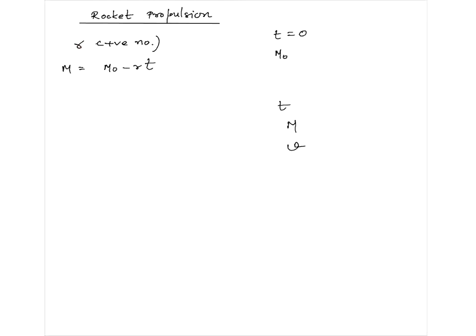With respect to rocket, gas ejects with speed U. With respect to rocket, you will always see gas going downwards.